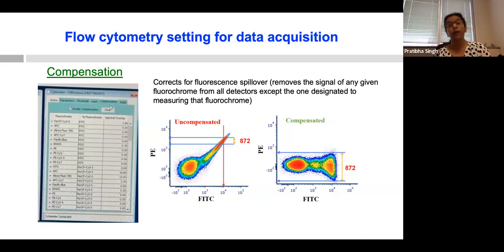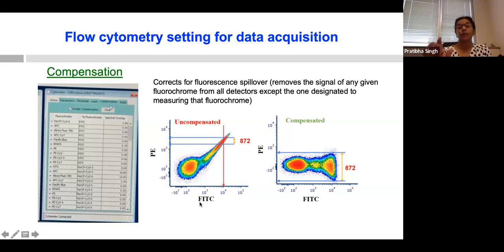But in reality, most fluorochromes have a spectrum, not necessarily only one particular wavelength at which they emit. So in the case of PhD, it has an emission spectrum that is specific to the PhD channel, but in addition to that, it can also give signals in the PE channel.